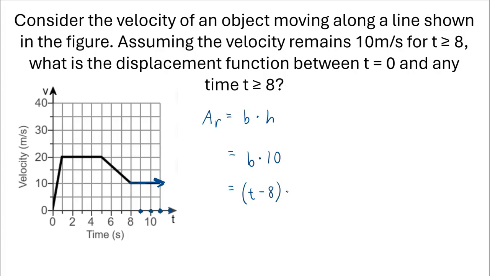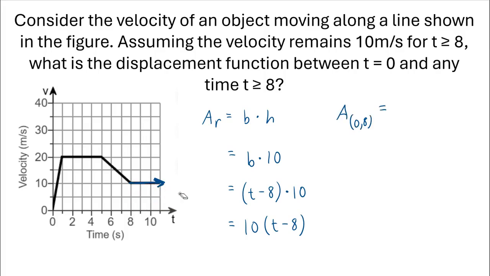And then, of course, that's times 10. But if we want to write this in a little bit more algebraically friendly way, we could say that's the same thing as 10 times (t minus 8). So the expression 10(t minus 8) will get us the area under this part of the curve, no matter how far we extend on the t-axis.